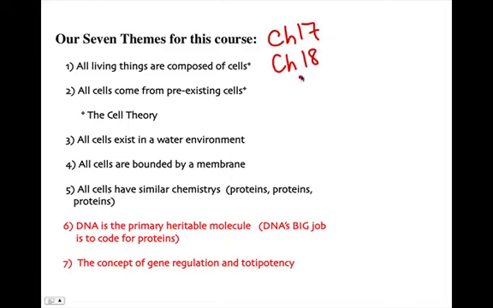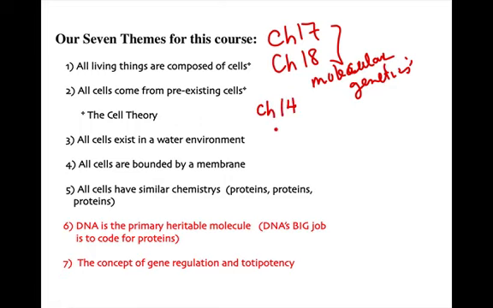And then that covers what scientists refer to as molecular genetics. And then in chapters 14 and 15, we'll learn more about traditional genetics that you would have had some exposure to already.